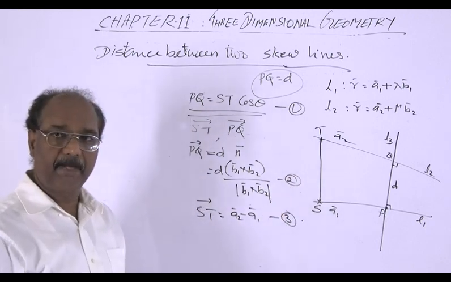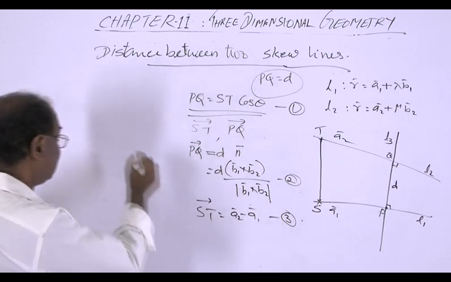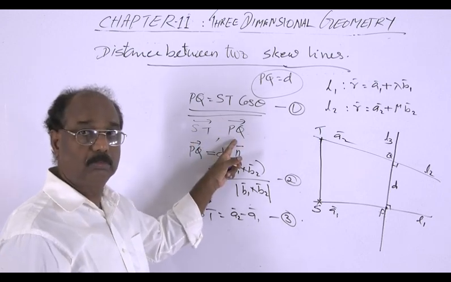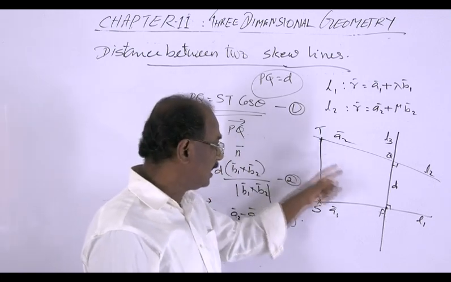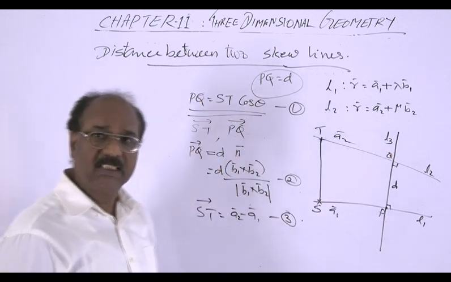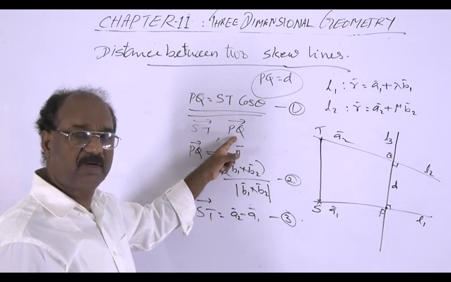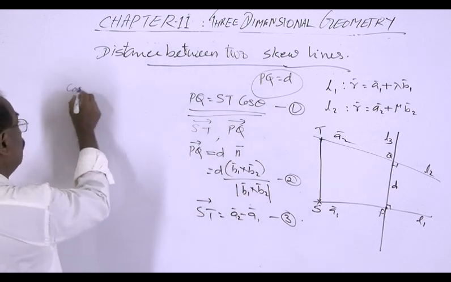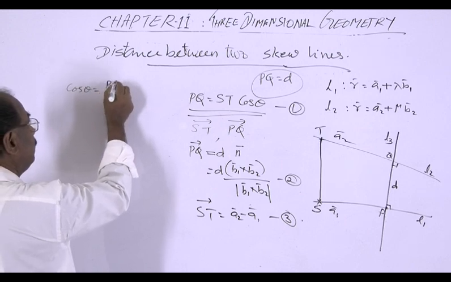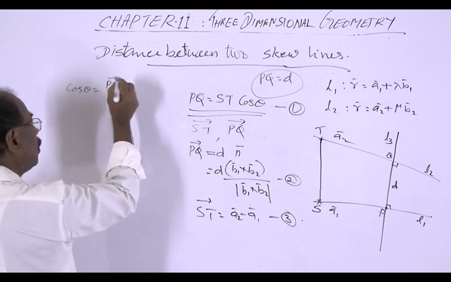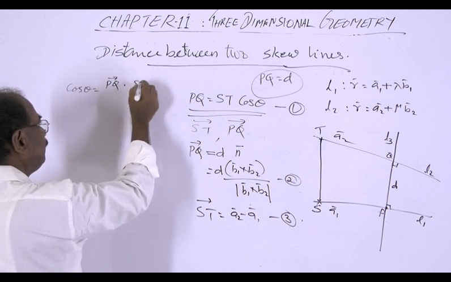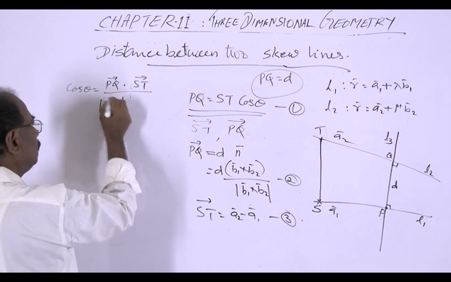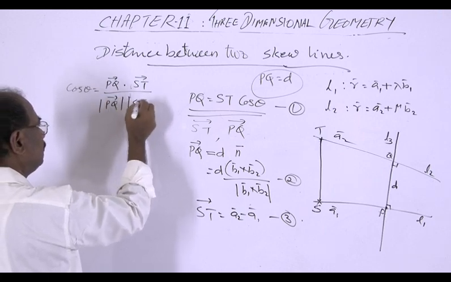Now we can see that this theta is the angle between the line ST and the line PQ, that means the angle between vector ST and vector PQ, and therefore cos theta is equal to vector PQ dot vector ST divided by modulus of vector PQ into modulus of vector ST.